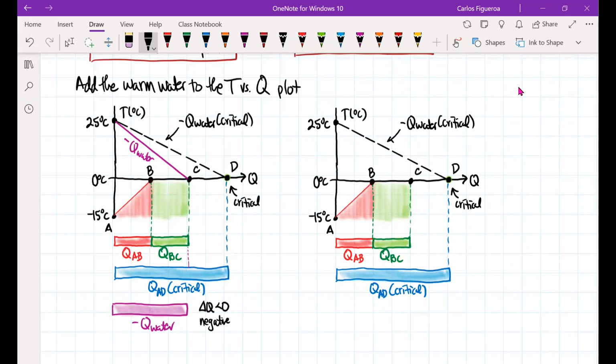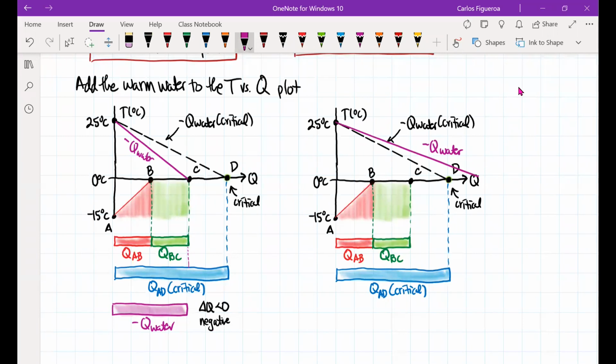On the other hand, if I have full melting, then this guy actually is larger. So if I have full melting, it's going to go all the way out to here. So this is minus Q of the water.